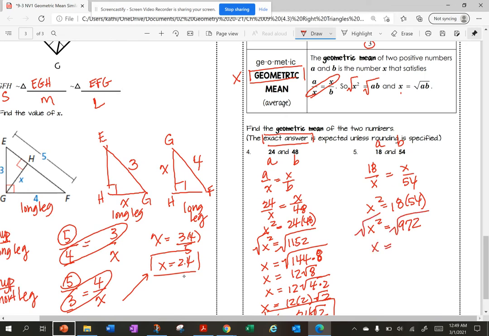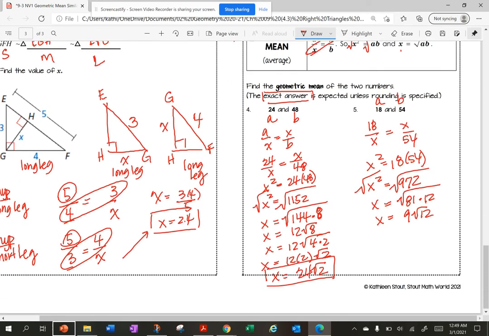So I get X equals the square root of 81 times 12, which is 9 times the square root of 12. The square root of 12 can still be simplified as 4 times 3. So this is going to be X equals 9 times 2 times the square root of 3. So X equals 18 times the square root of 3.